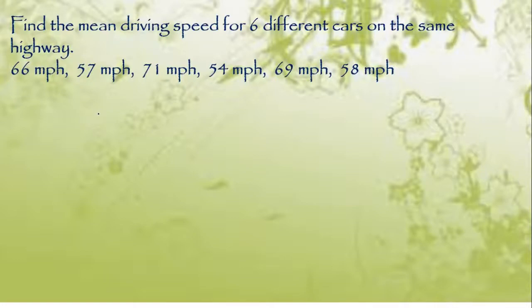The speeds are given as 66 meter per hour, 57 meter per hour, 71 meter per hour, 54 meter per hour, 69 meter per hour and 58 meter per hour. We are going to calculate the mean driving speed.